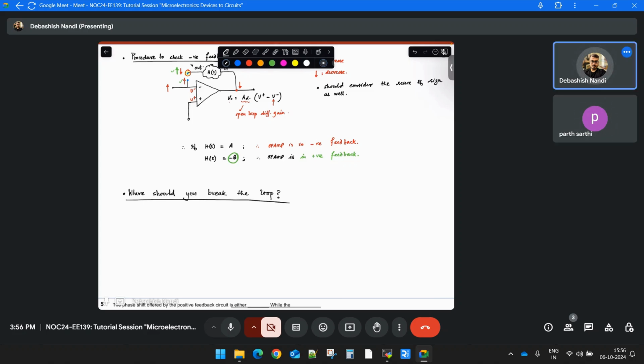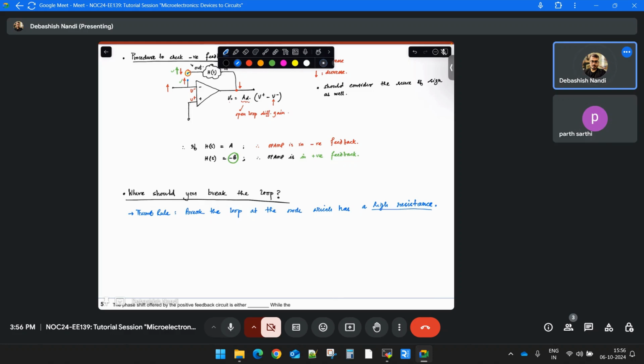Let's say you have multiple paths or interconnected feedbacks. Then the golden rule, or thumb rule, is to break the loop at the node which has a high resistance.